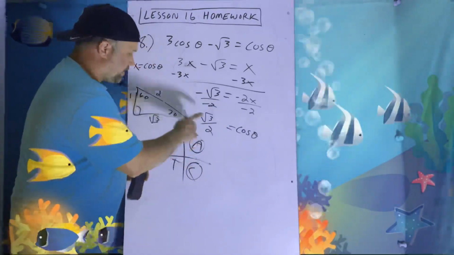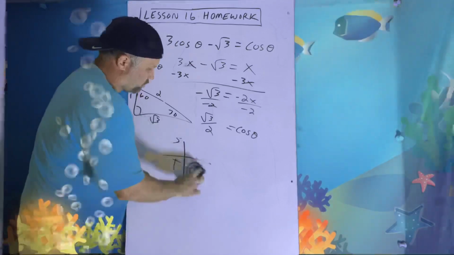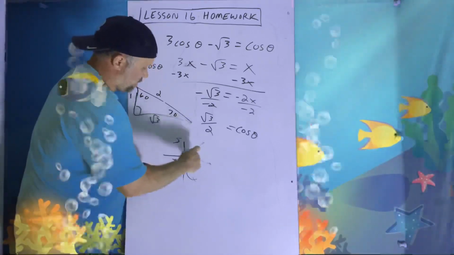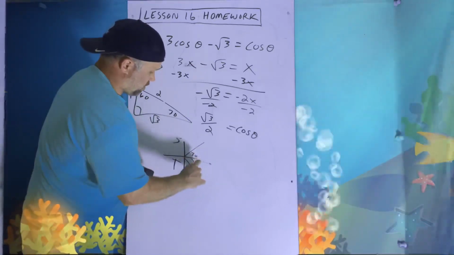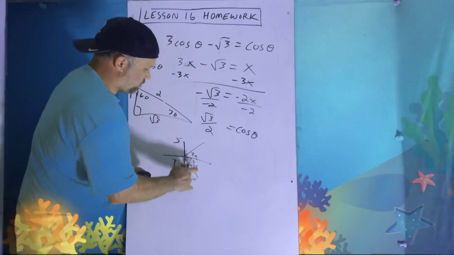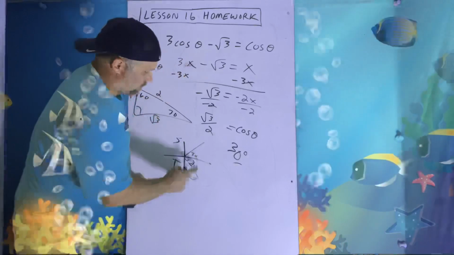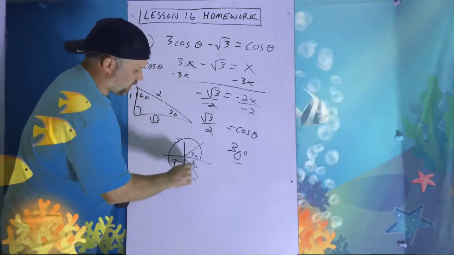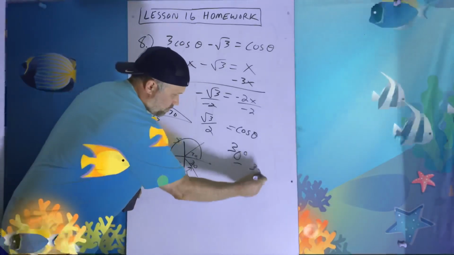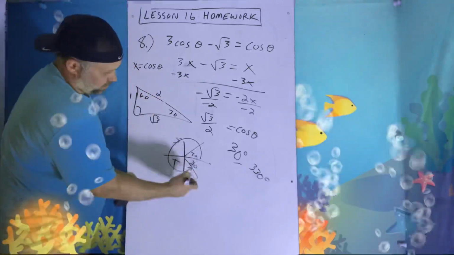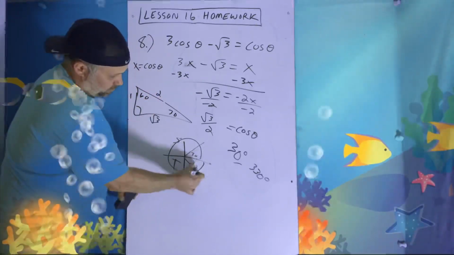So I need to take 30 degrees and draw it in the A and C quadrant. Well, in the A quadrant, it's just 30. But in the C quadrant, it's actually 330, because it's 360, but it's 30 degrees less.